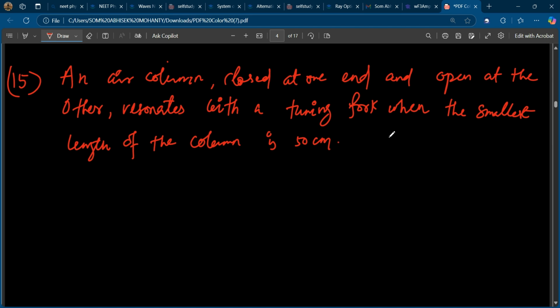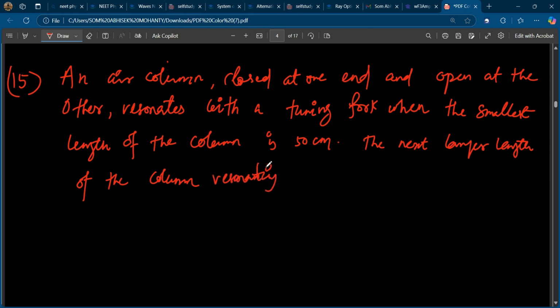The next larger length of the column resonating with the same tuning fork is what? Okay.